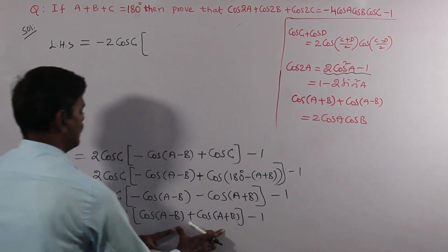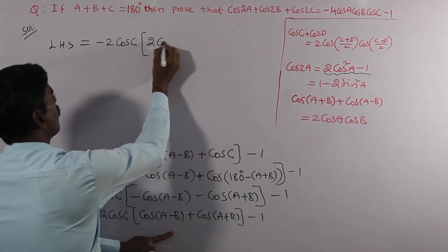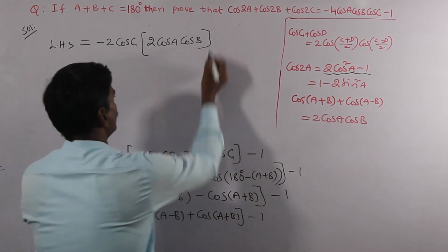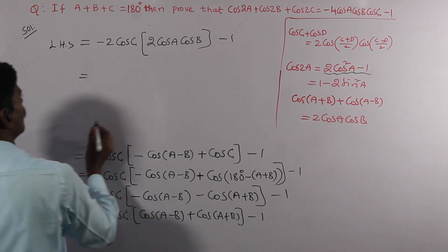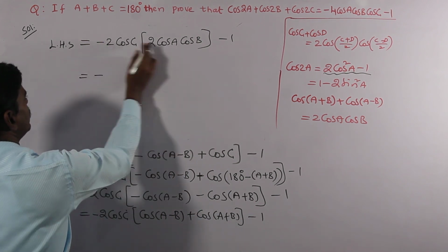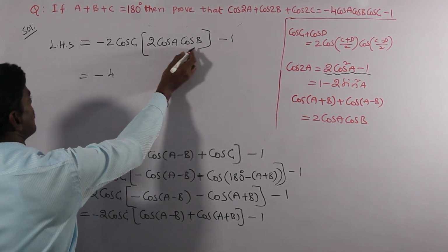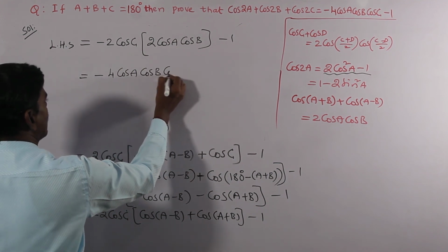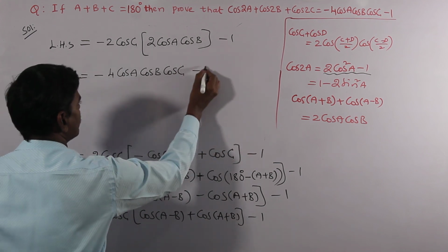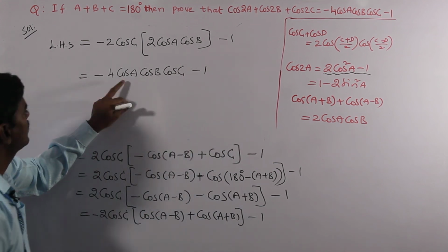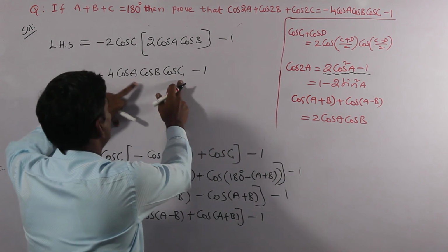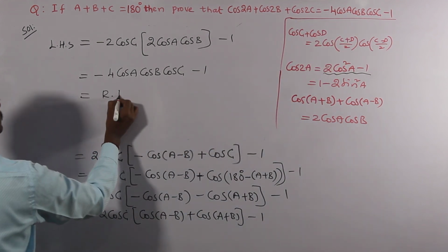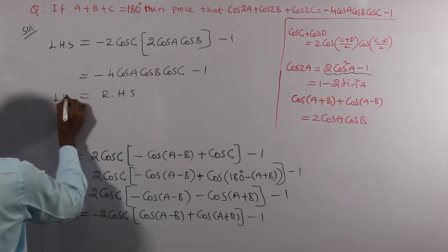So I should write here 2 cos a into cos b, minus 1 as it is. Now minus 2 into 2 is minus 4 cos a cos b cos c. We can rearrange the terms according to the required proof, minus 1 as it is. So if I see the RHS, minus 4 cos a cos b cos c minus 1, this is the RHS. LHS equals RHS.